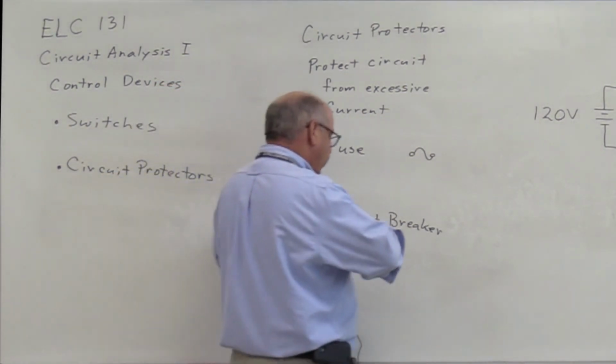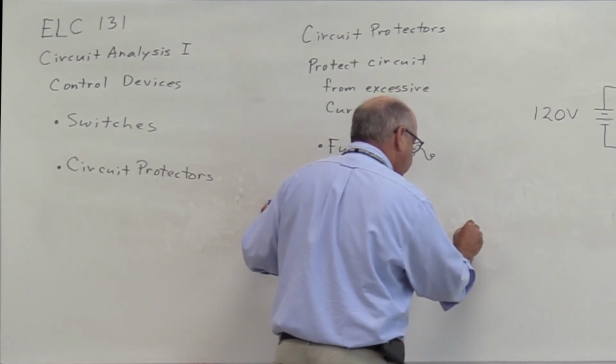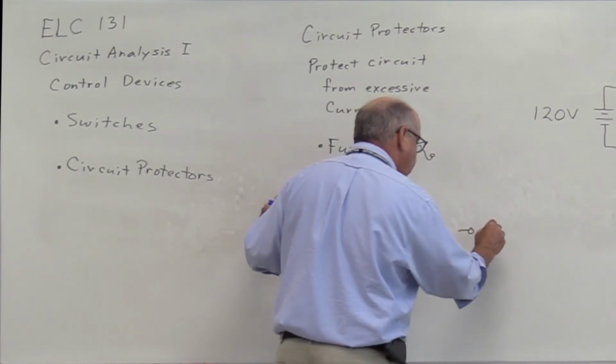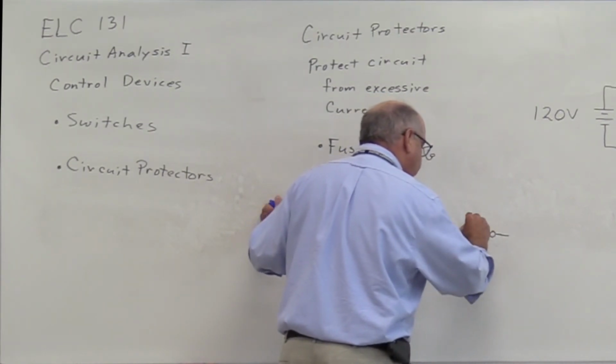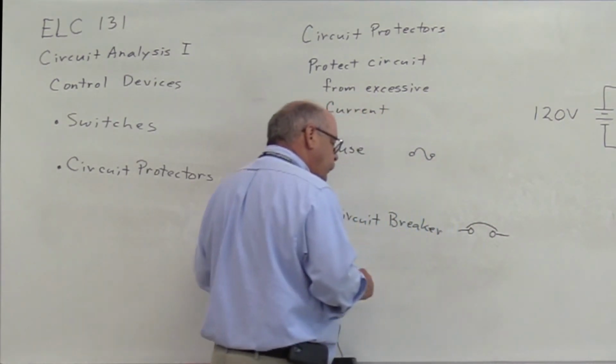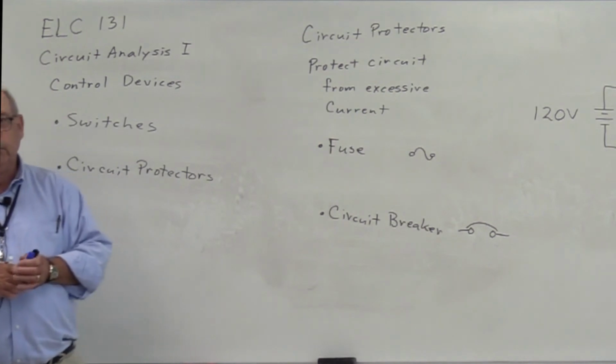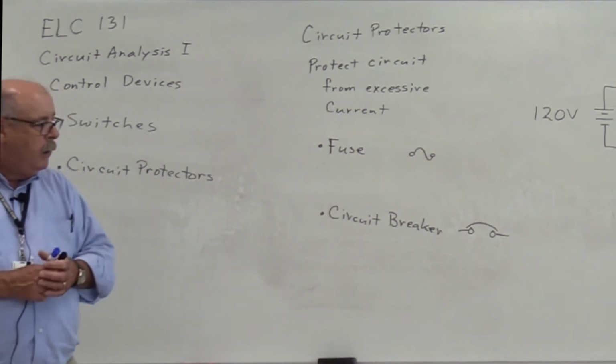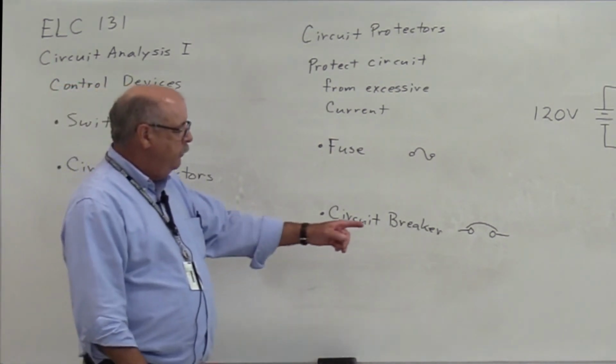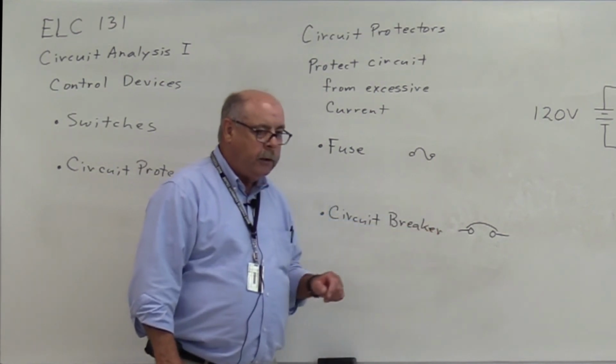The circuit breaker either uses a thermal circuit or an electromagnetic circuit to open a set of contacts when too much current flows. And this is the schematic symbol for the circuit breaker.